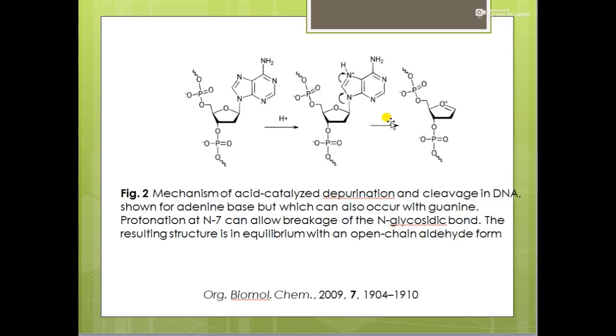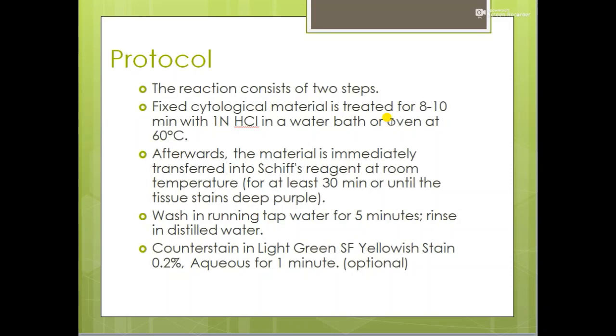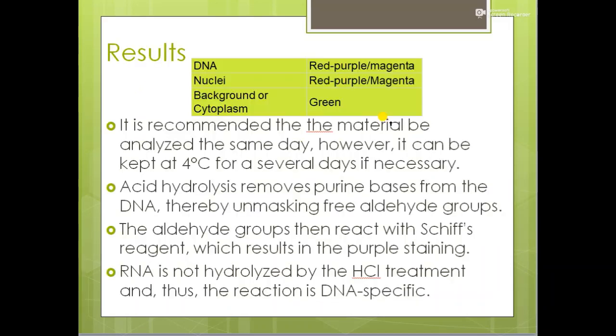So in the protocol, we need to follow the step of acid hydrolysis using mild acids, and after that you treat them with Schiff's reagent, so that those regions where the DNA is acid hydrolyzed because of the removal of nitrogenous bases will form aldehydes, and those aldehydes react with Schiff's reagent, resulting in the formation of purple color.